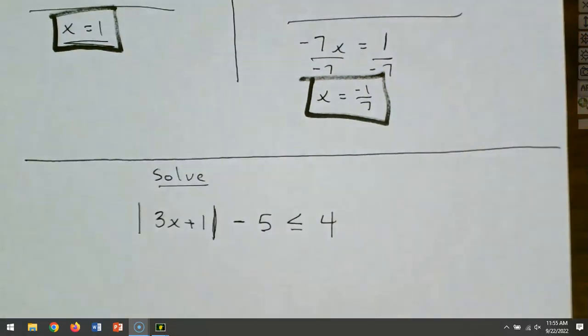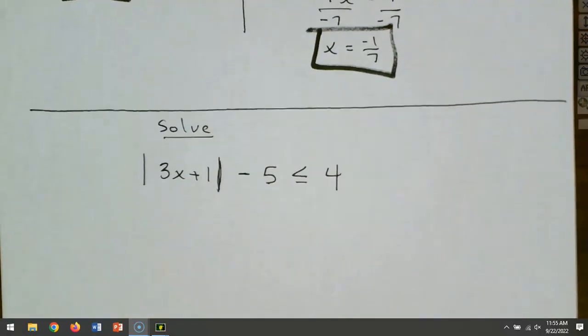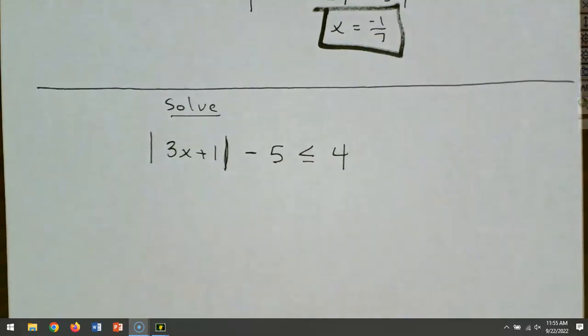Okay, so let's start with this one. Now, I picked this one to reinforce a concept again. Whenever we work with these absolute values, that absolute value had better be by itself at the beginning. So before we do anything else, that 5 has to be moved over.